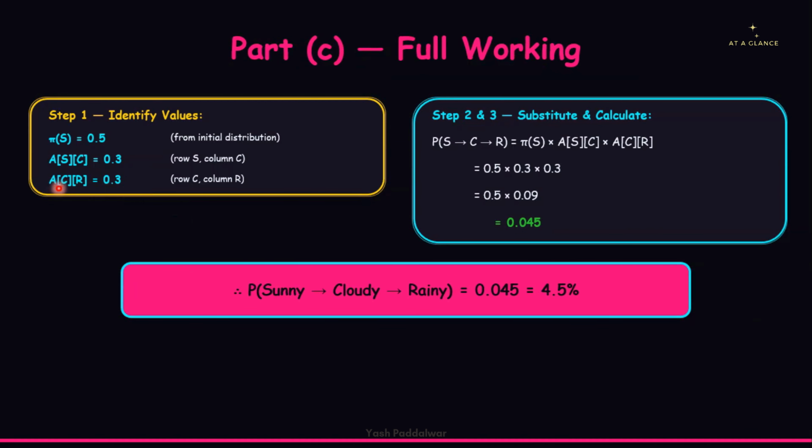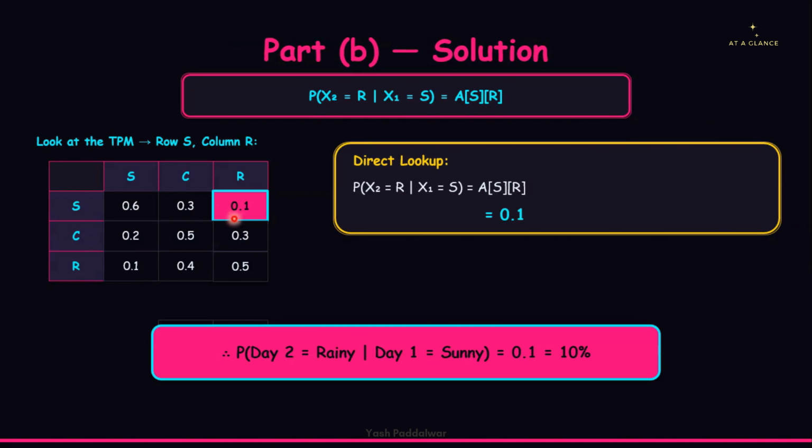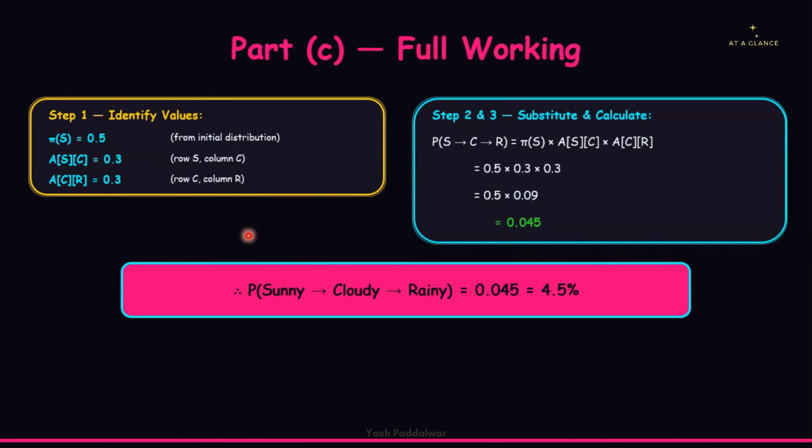And next we have A of C, R, the transition probability of cloudy to rainy, which is also 0.3. Now what is left? Just multiply all of them. So the probability of S to C to R is 0.5 multiplied by 0.3 multiplied by 0.3, which gives us 0.5 multiplied by 0.09, which gives us 0.045. So there is a 4.5% chance of this particular sequence.